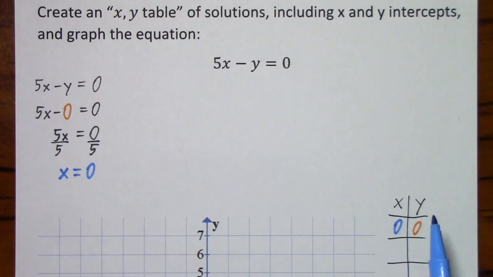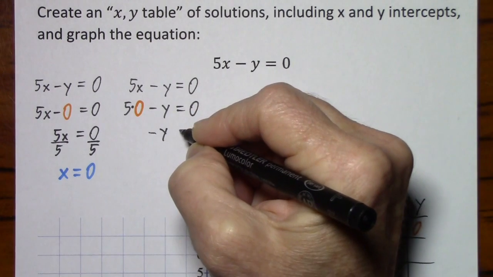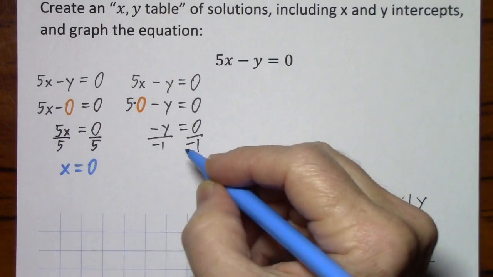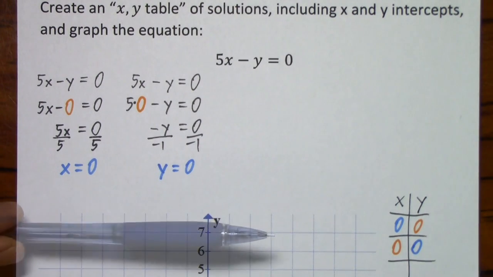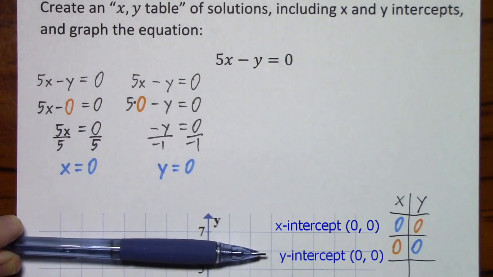Now when y is 0, we find out that x is 0. It follows to reason when x is 0, y is going to be 0. I'll go ahead and show that this time, but it's really an unnecessary step. So when x is 0, we'll find out what y is. And we have y is equal to 0. So the x-intercept is 0, 0. The y-intercept is 0, 0.